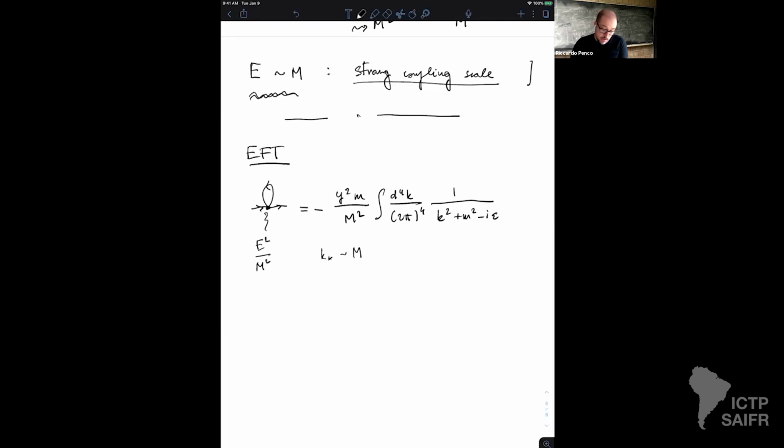If you were to cut off this integral at a scale of order big M, because it's UV divergent, it would scale like big M squared, which means that this M and the one in the denominator would cancel out. And so you wouldn't have this E squared over M squared suppression that you would instead expect from the power counting arguments that I gave a moment ago.